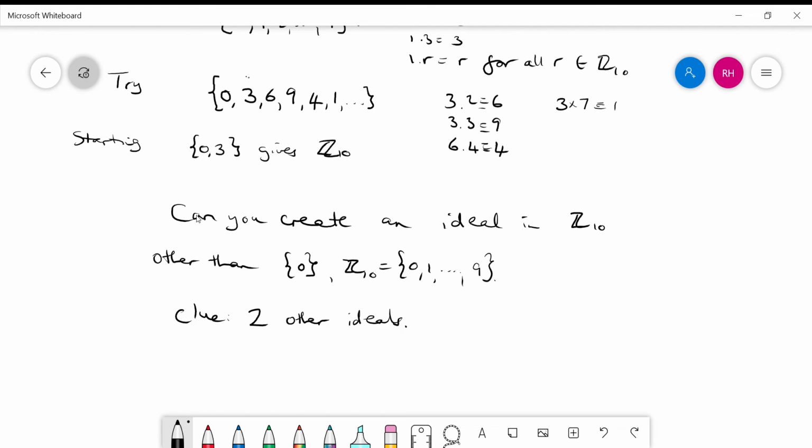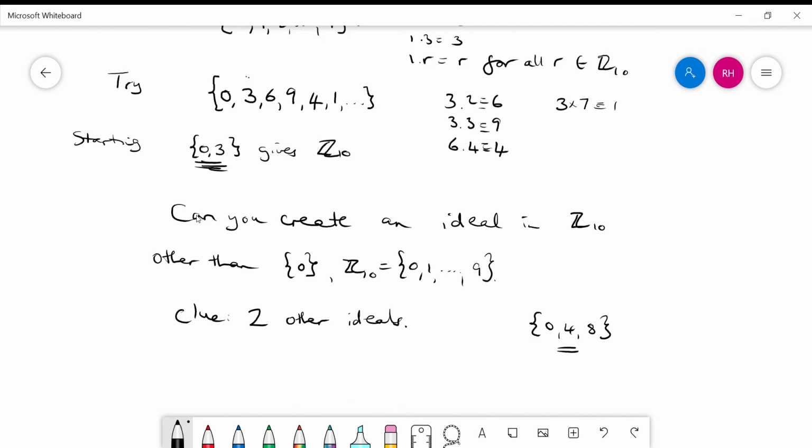And just to fill you in, when I said let's start with 0, 3, I'm not suggesting that all the ideals just have to have 2 elements. You could have an ideal with 3 or 4 or 5 or 6 potentially. So when you're checking, you might want to try, what about 0, 4, 8? There's no reason why you have to have just 2.